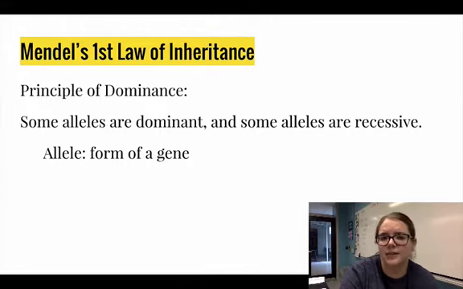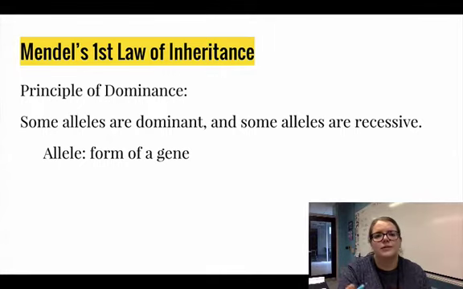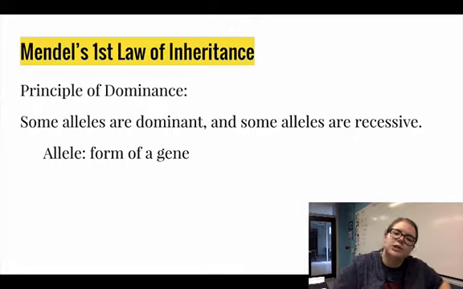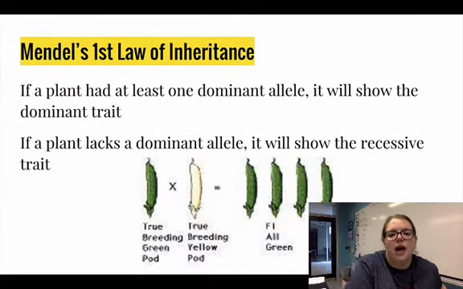If we think back to the example we were looking at, purple flowers were dominant, white flowers were recessive, right? So when he crossed purple and white flowers, 100% of the offspring showed the dominant trait. So that one is dominant. So dominant means you just need 1 allele to show the dominant trait. Okay, so if it's big H, little h, right? Let's do hitchhiker's thumb, big H, little h.